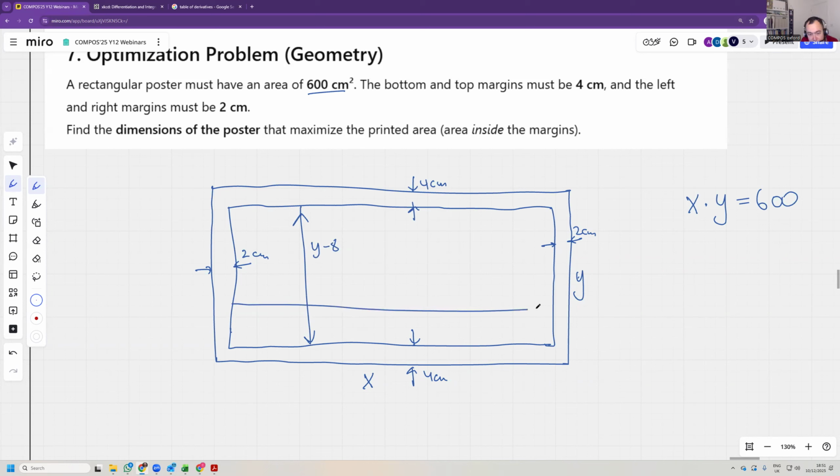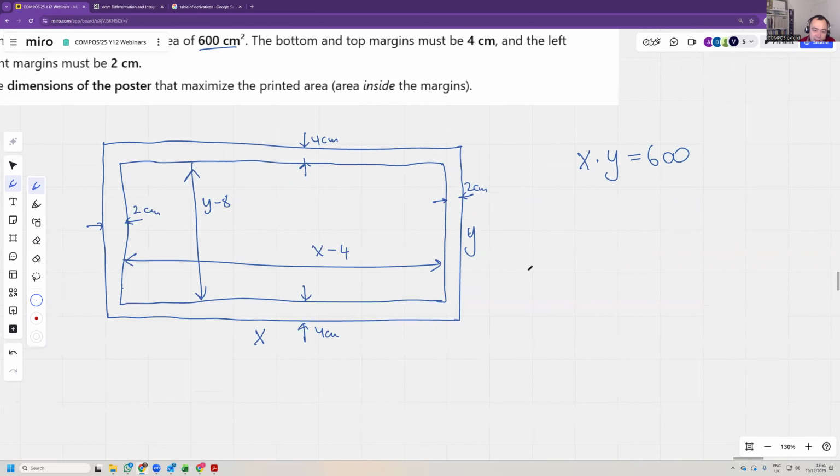And this length is x minus 4. So the printed area A is x minus 4 multiplied by y minus 8.